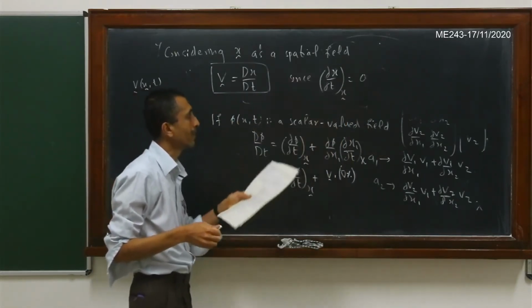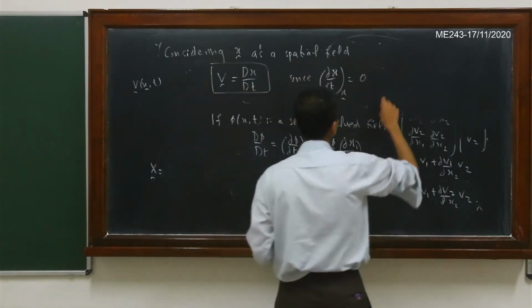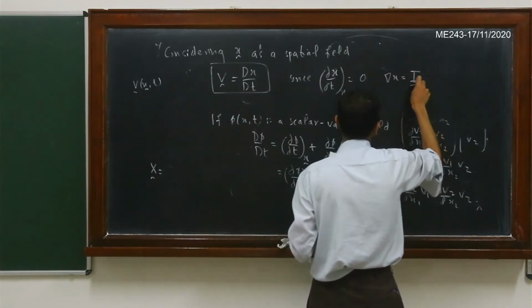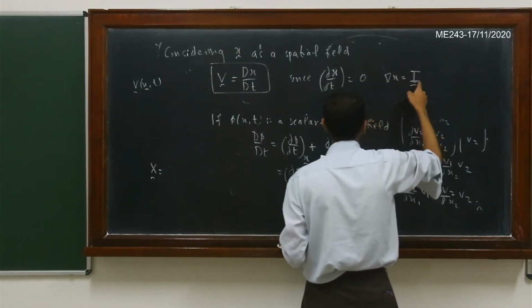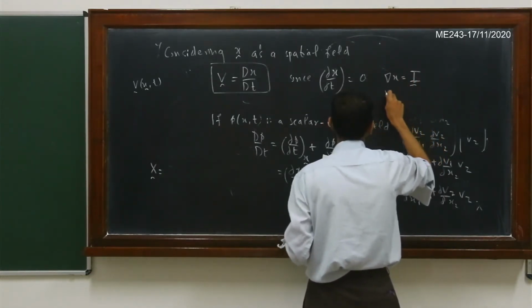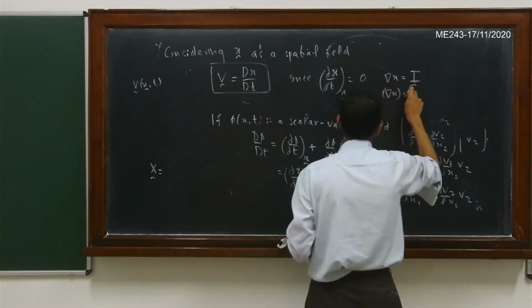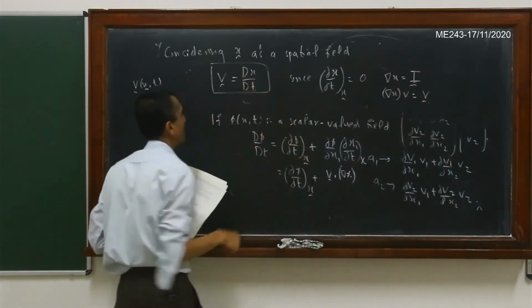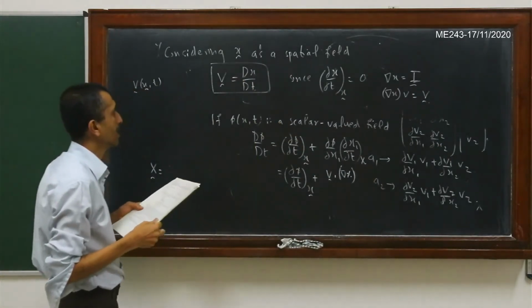And your del x will be equal to the identity tensor, and that is simply multiplying the velocity vector, right? So del x times v will be equal to v itself, and so that is why v can be written as dx by dt.